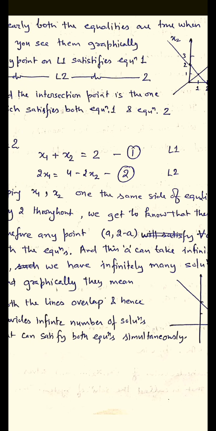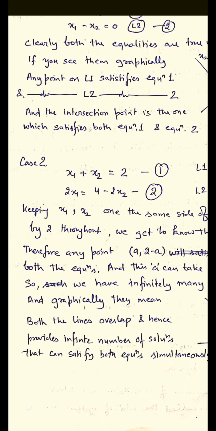Also notice, in the previous case and in this particular case, the ratio of the coefficients of the variables. In this case, the ratio of the coefficient of x1 is 1 over 2. For the ratio of the coefficient of x2, if x2 is taken on the same side in equation 1 and equation 2, it again comes out to be 1 over 2, and that of the constant term is also 1 over 2. 2 by 4 is 1 by 2.